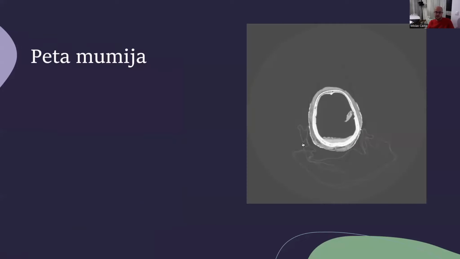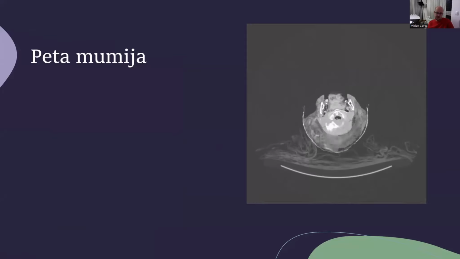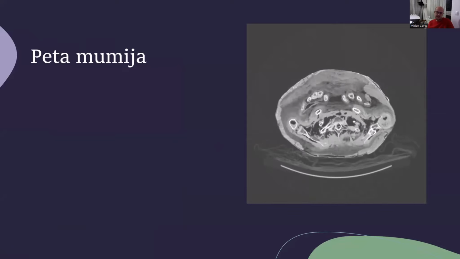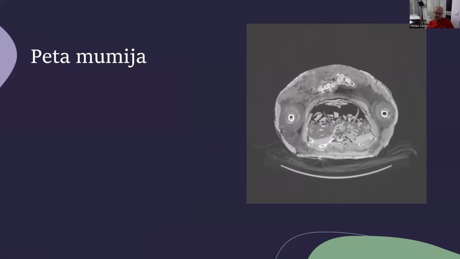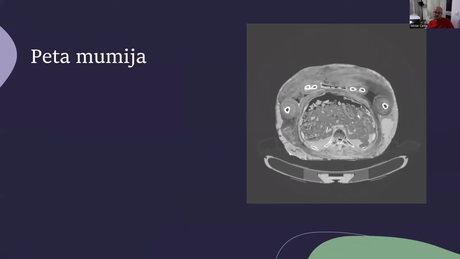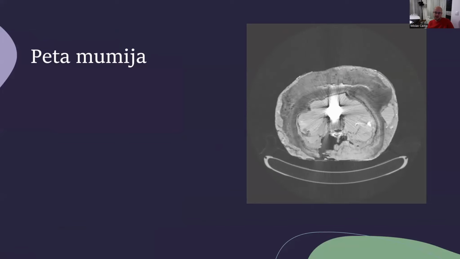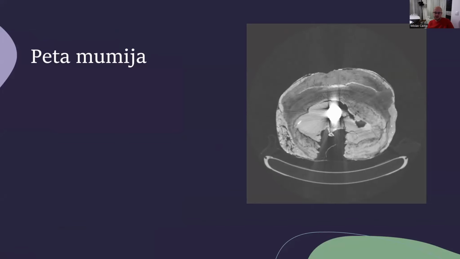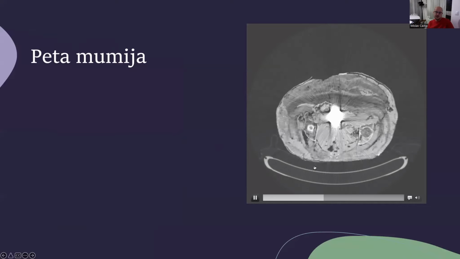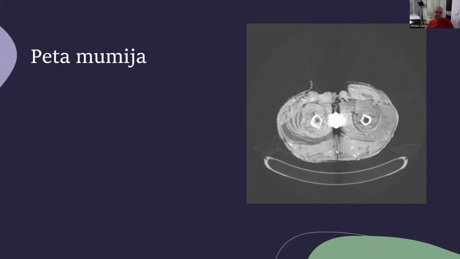So it was a mummy that was classified as an unknown mummy from the Zagreb Museum, or the fifth mummy. So you can see here the CT of this mummy with abundant linen and elements wrapped around it, and you can right away see this unusual artifact which was not seen from the outside, and this hole in the back as well was impossible to see with the naked eye.